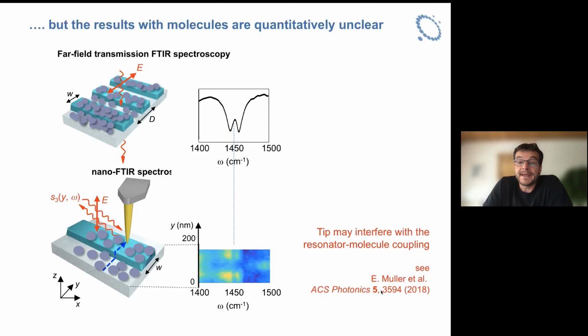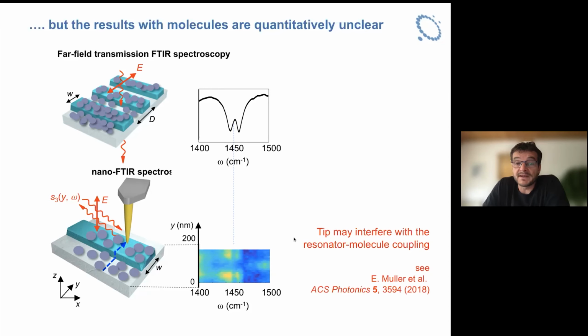At that time, a paper appeared by Markus Raschke's group who did similar experiments, but with metal antennas. In their paper, they described that indeed one needs to consider this metal tip as a third oscillator that may enhance the strong coupling between the molecules and these resonators.